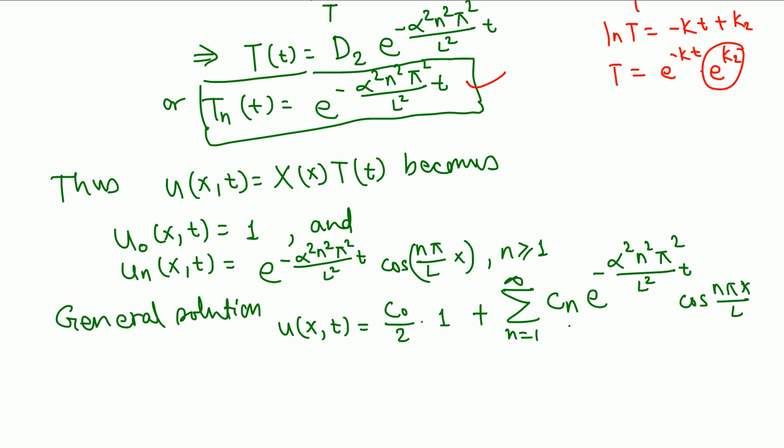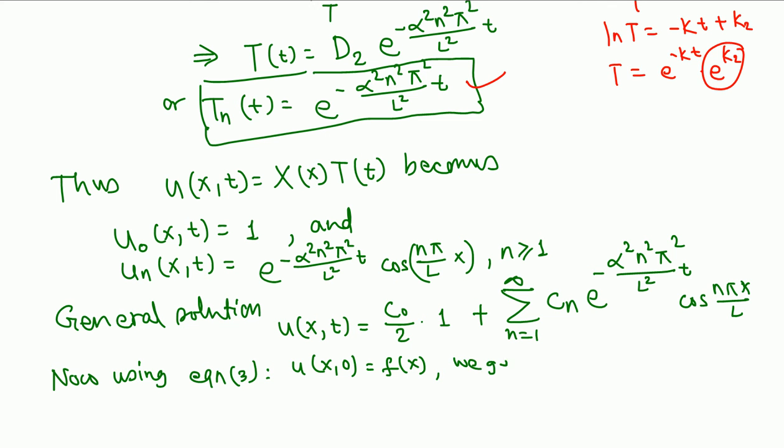And remember, we have yet to use the initial condition, equation 3. If you go all the way up, you'll see we haven't used the initial condition. That's equation 3. Now using equation 3, that was, by the way, u of x, 0 equals some function f of x.